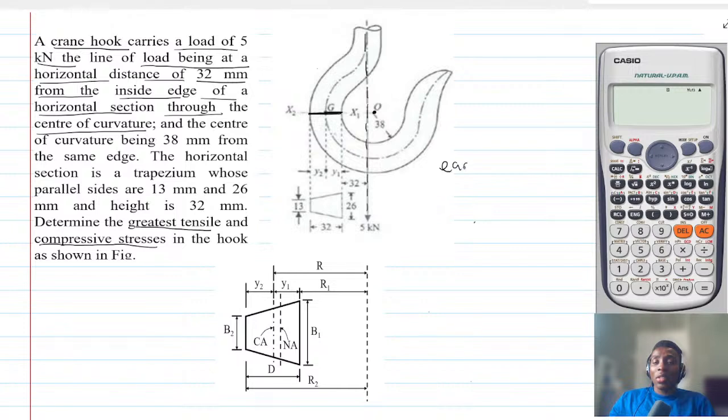So each cross section comes with a link radius. So bear that in mind that each cross section has a link radius.